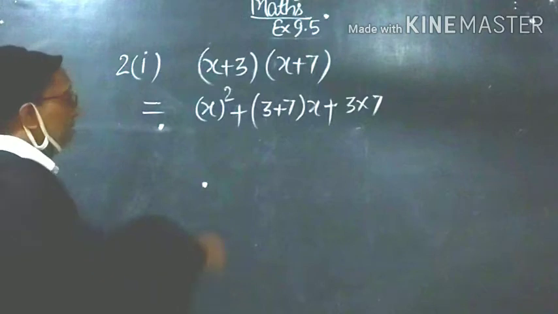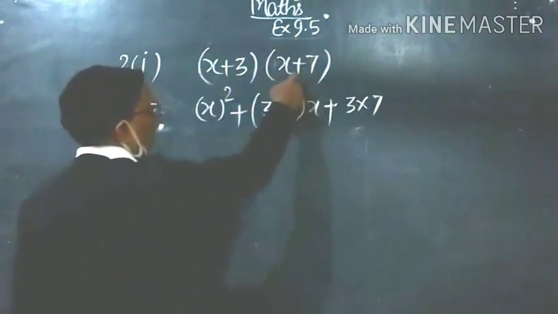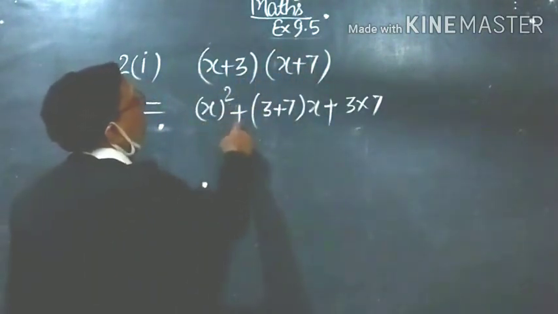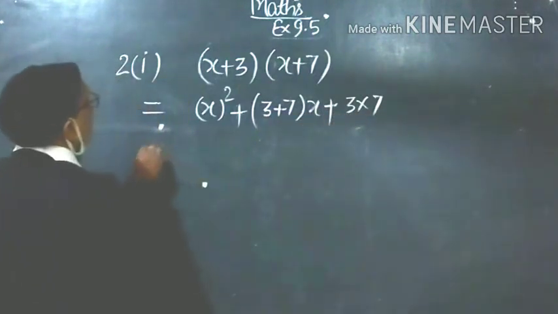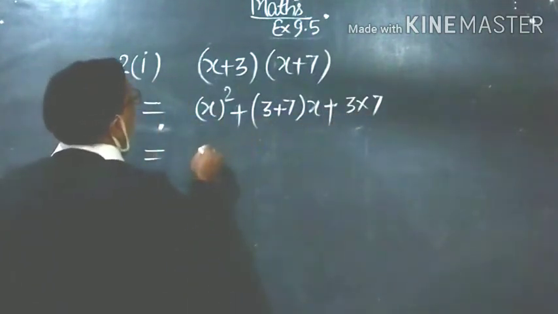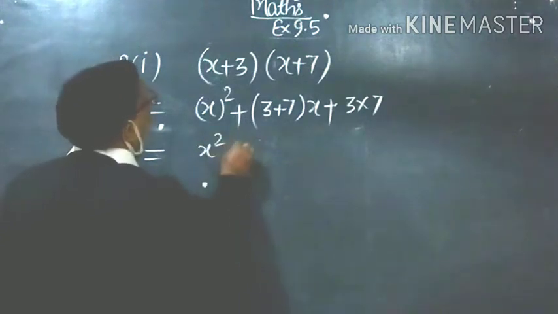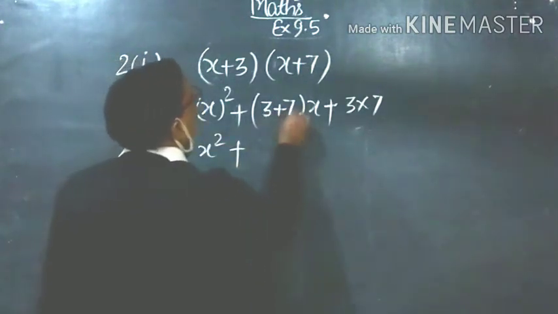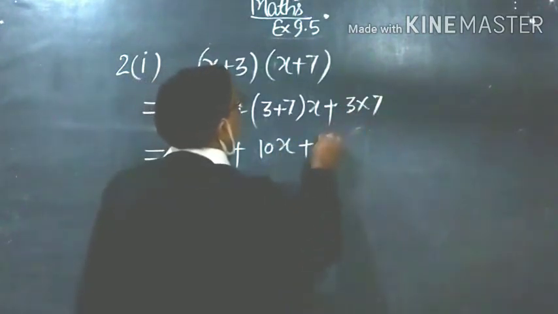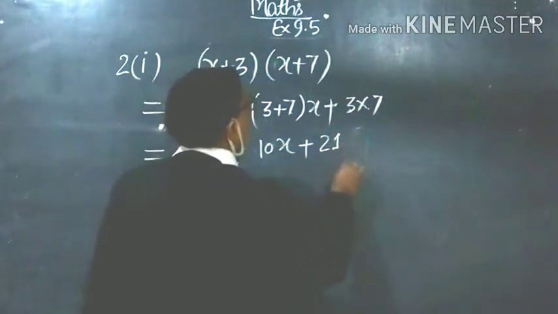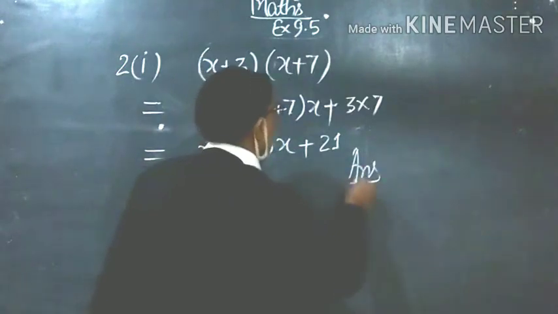Your identity is (x plus a) into (x plus b) is x square plus (a plus b) into x plus ab. When you simplify this expression, you get x square plus 3 plus 7, 10x, plus 3 7s are 21. It is your answer.